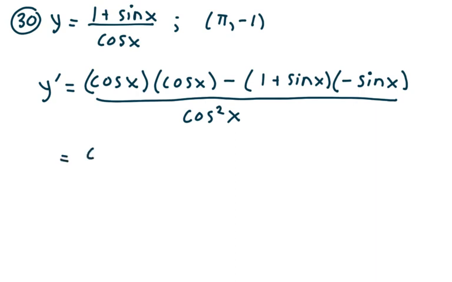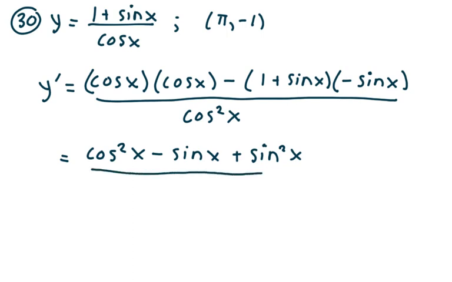And so this is cosine squared x minus sine x, and then plus sine squared x, divided by cosine squared x. But cosine squared x plus sine squared x is equal to 1. And so y prime is (1 minus sine x) divided by cosine squared x.